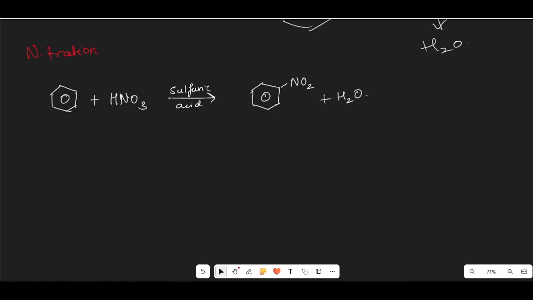Now, an important thing to remember here is that sulfuric acid and nitric acid, when used together, are known as something called the nitrating mixture. Of course, this is concentrated sulfuric acid, concentrated nitric acid.